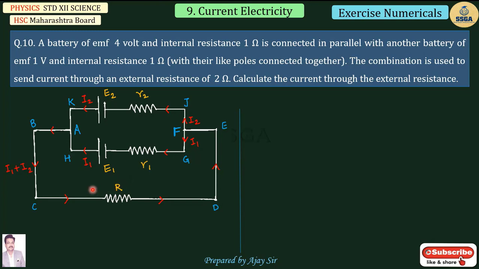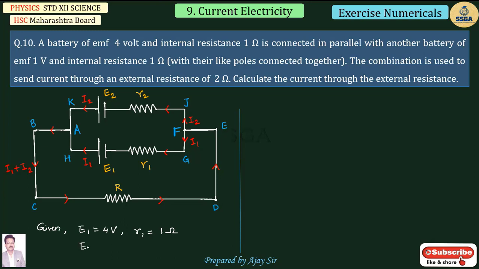To find the values of I1 and I2, we have to apply Kirchhoff's second law. So before applying Kirchhoff's law, let us first write the given things. Given, battery E1 of EMF 4 volt and internal resistance R1 which is 1 ohm.